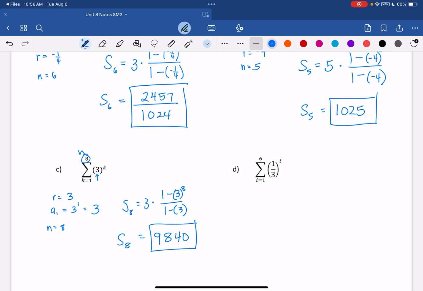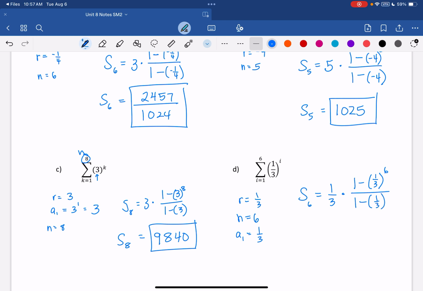Okay. Next one, our R value is 1/3, our N value is 6, and our A sub 1 would be 1/3 as well, because 1/3 to the first power is 1/3. So plug it in. Our formula says it's A sub 1, which is 1/3, times 1 minus R, which is 1/3 to the nth power, which was 6, divided by 1 minus R, which is 1 minus 1/3.